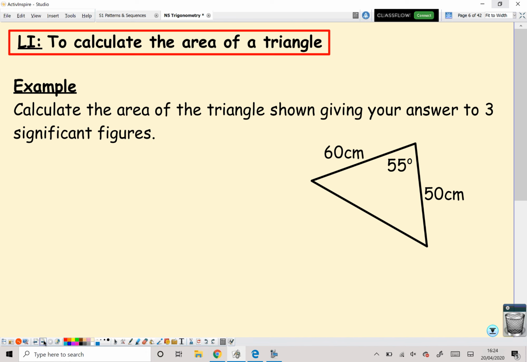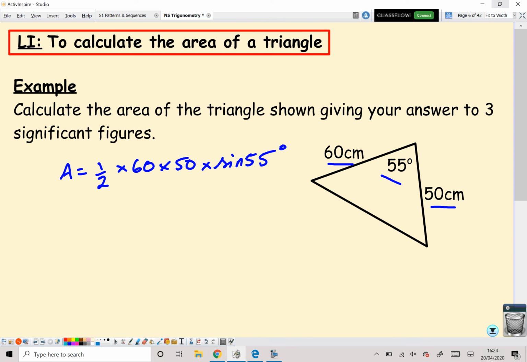But remember that, at its core, this formula just needs two sides and the angle that sits in between them. So if you've got that, then you can use this formula without having to fuss over what's side A, what's side B, and what is sine of C. So you can just go straight to the formula and say, right, well, this area is a half times the two sides, so times 60 times 50 times the sine of the angle, sine 55.